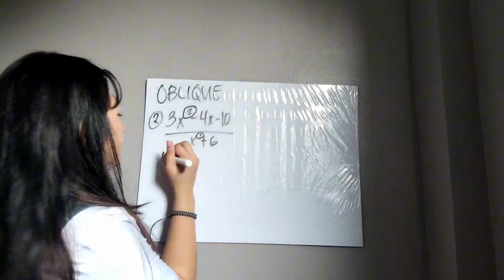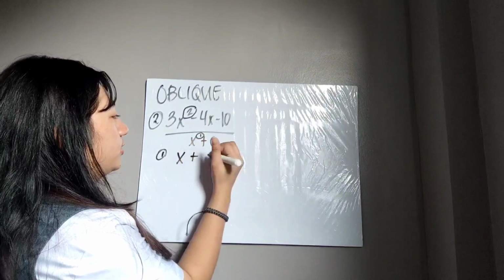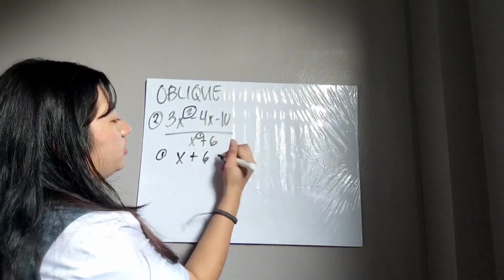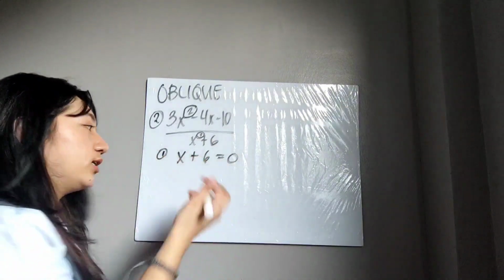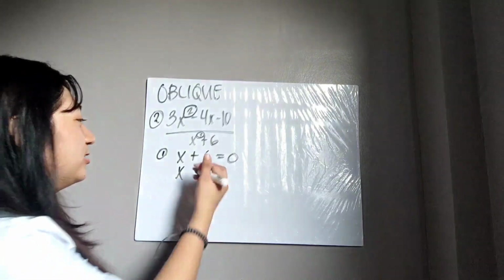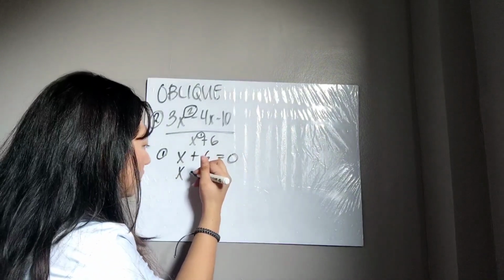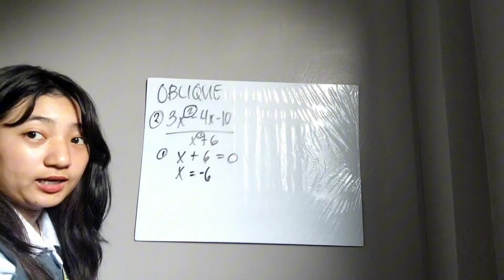So, first is kunin yung denominator, which is yung x plus 6 is equal to 0. Lilipat natin yung plus 6 sa kabila kasi dito lang yung variable. So, magiging negative 6.